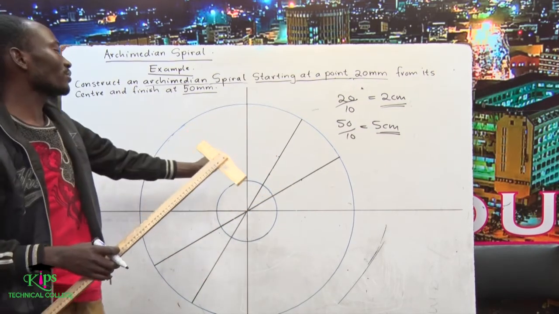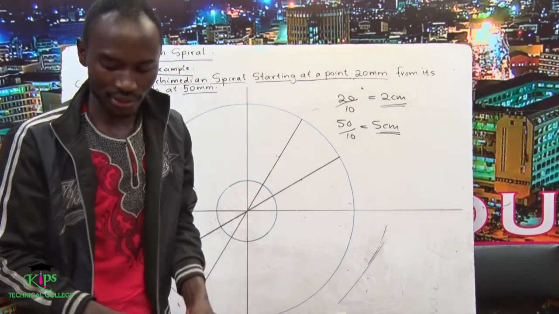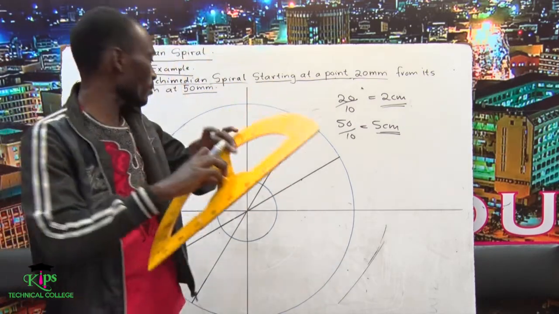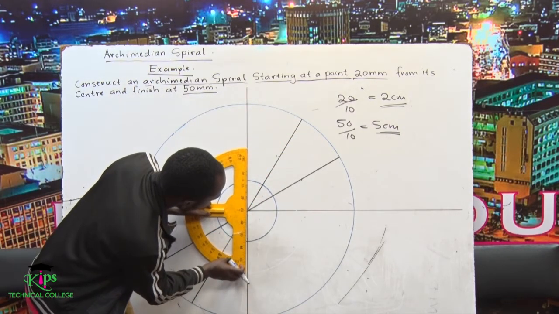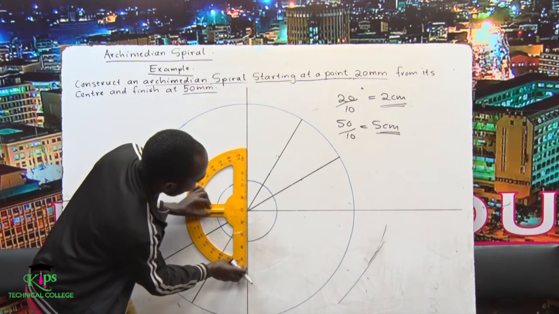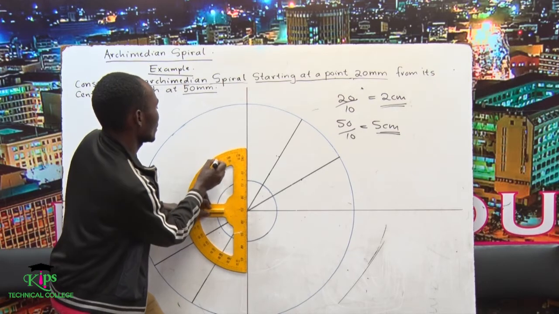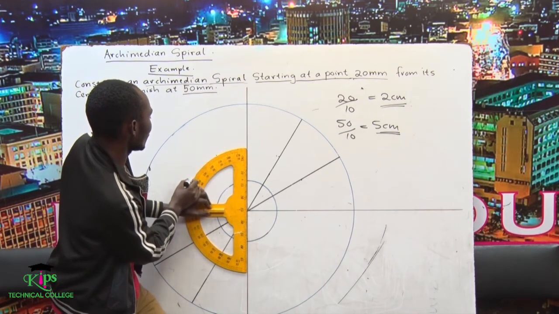Then from there I should draw other diameters at an interval of 30 degrees. So with my pair of protractor, I should step here. Then measure 30 degrees. 30, from here it is 60.